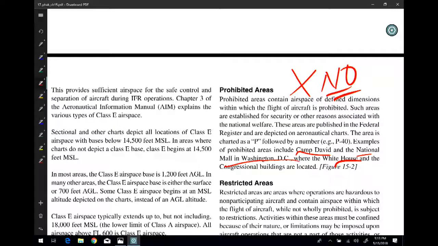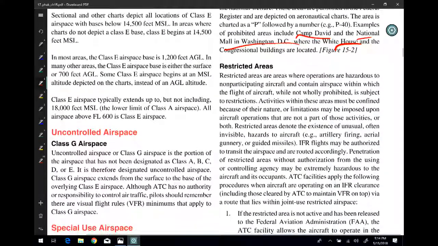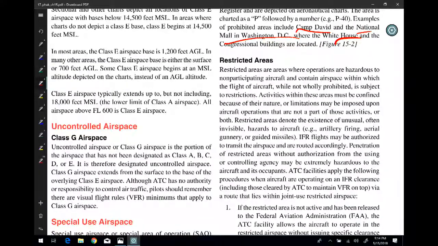So, restricted areas. Now, these are areas that can be hazardous, where there are operations going on that you may not want to be there. And while they're not completely prohibited, they are subject to some pretty restrictive restrictions. Is that redundantly redundant? I think maybe it is.